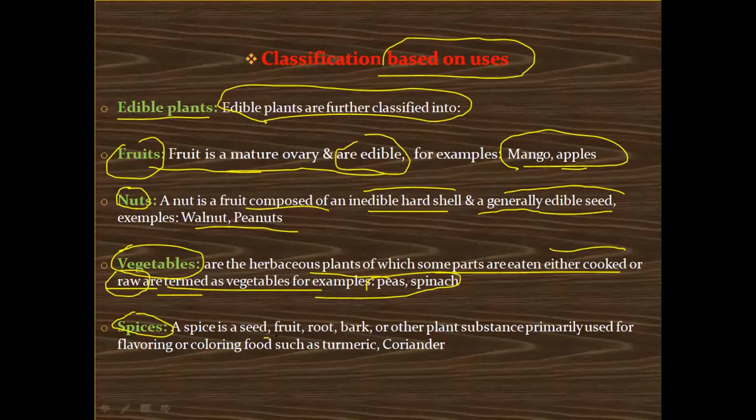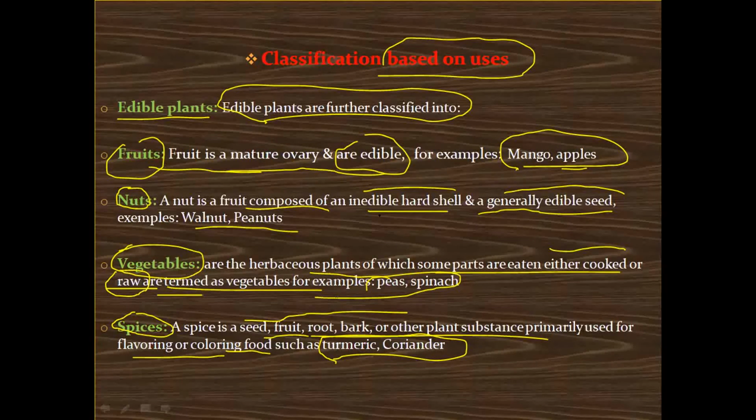A spice is a seed, fruit, bark, or other plant substance primarily used for flavoring and cooking food, such as turmeric and coriander. Spices add flavoring or coloring to the food.